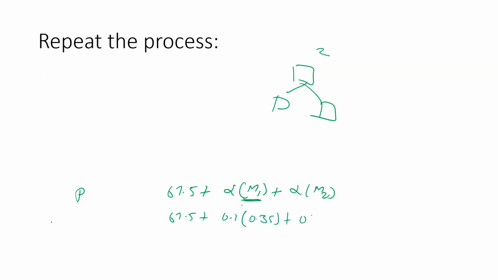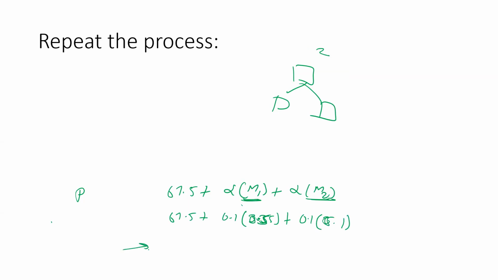And how are we making predictions? Again, the same: 67.5 plus alpha times the prediction using M1 plus alpha times the prediction using M2. This is called M2. So for the first example, 67.5 plus 0.1 times 3.5 from M1 and 0.1 times the prediction using M2, let's say 5.1.